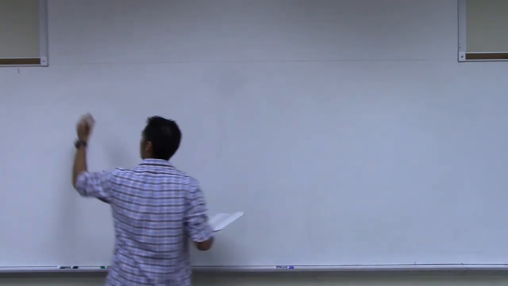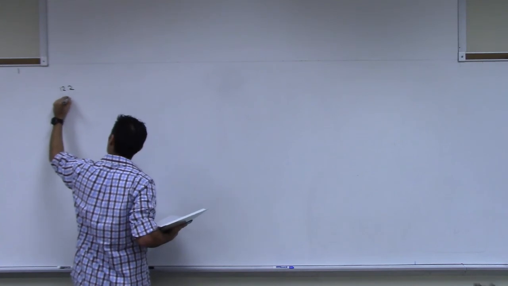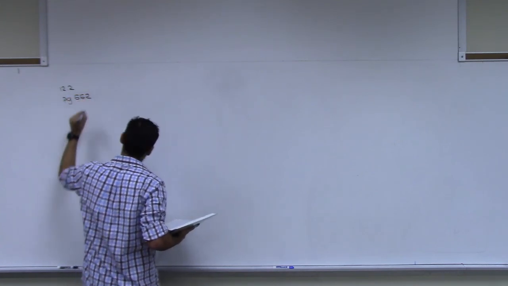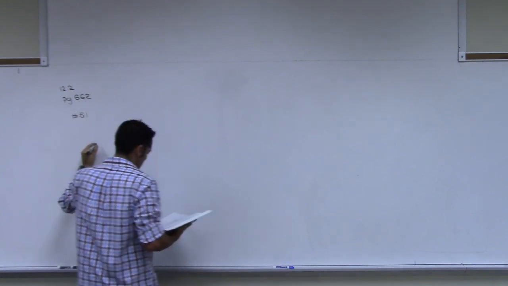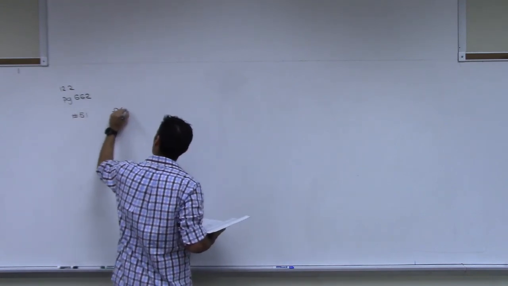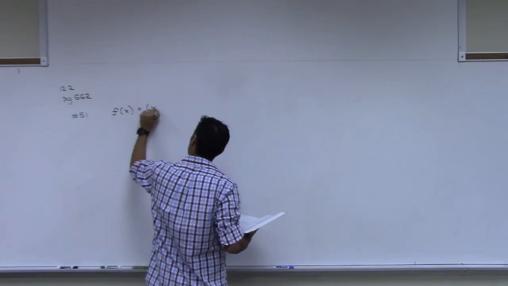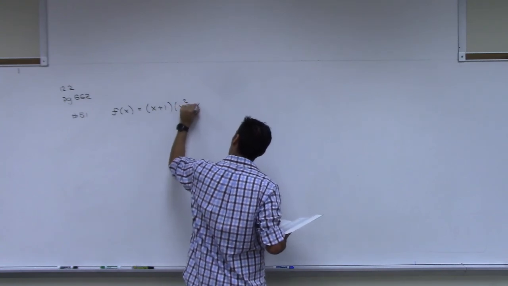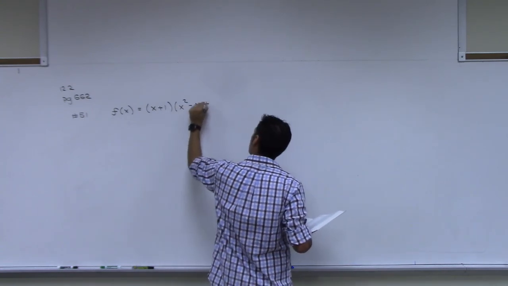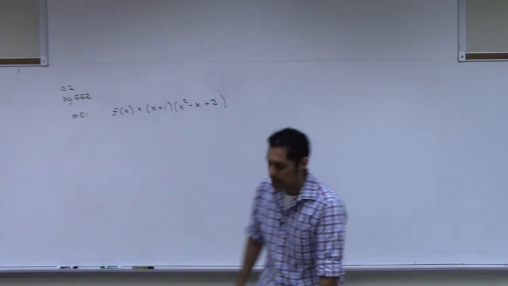So this is from 12.2, page 662, number 51. And the problem is f of x equals x plus 1 times x squared minus x plus 2. That is the function that you're given.